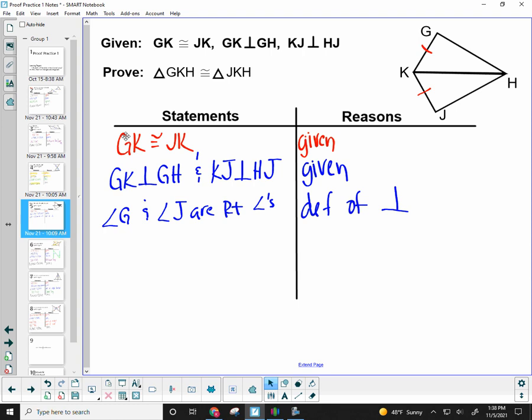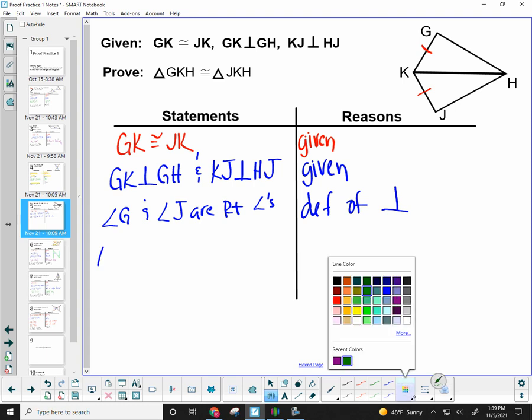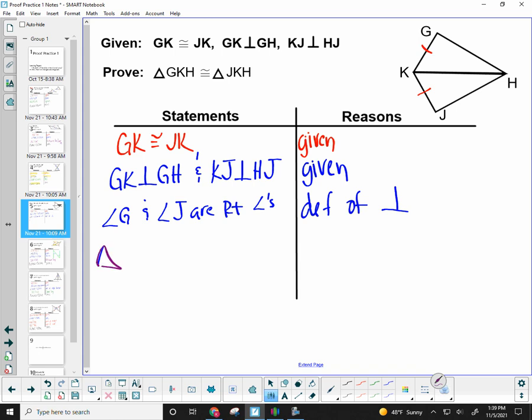Okay, so I need to say that triangle GKH and triangle JKH are right triangles. In order to use hypotenuse leg, you have to say you have right triangles.